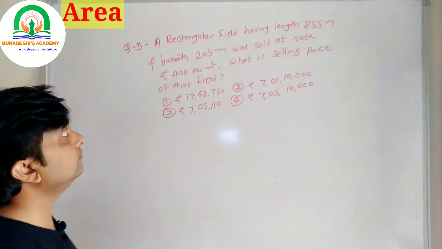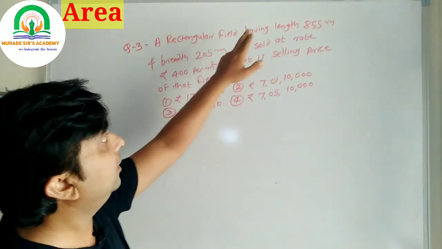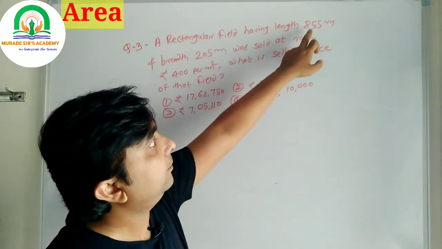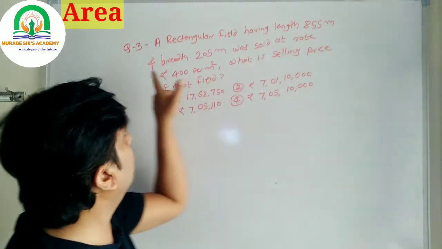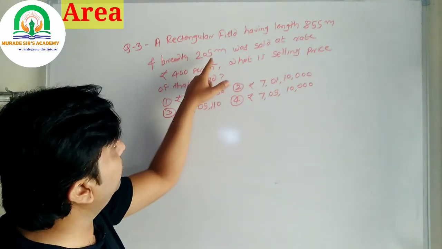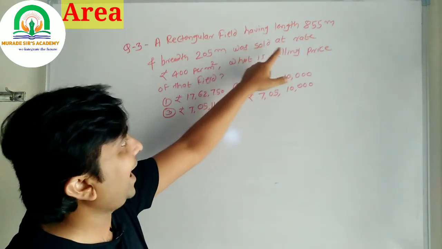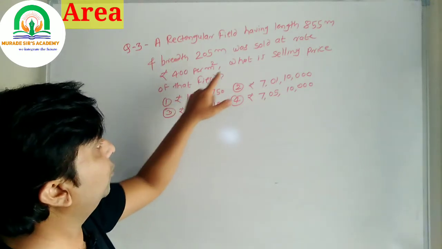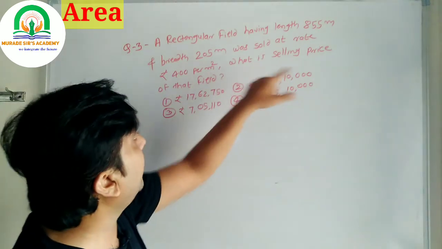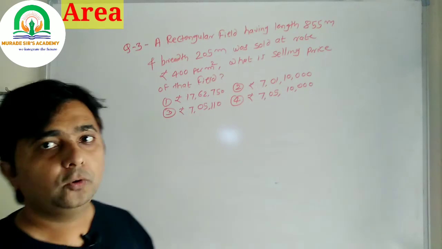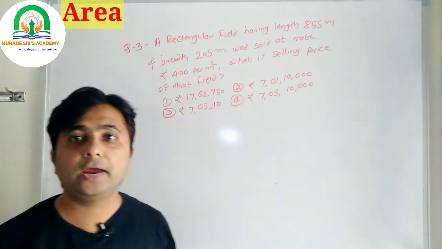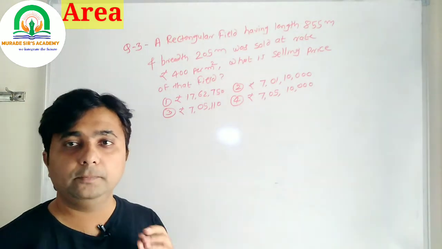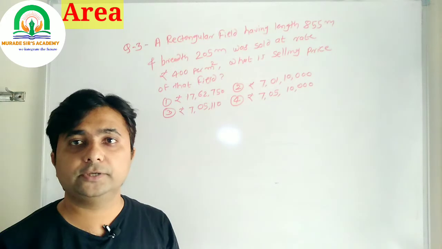Question: a rectangular field having length 855 meter and breadth 205 meter was sold at the rate of 400 rupees per meter. What is the selling price of that field? In this type of problem we must calculate the area first.